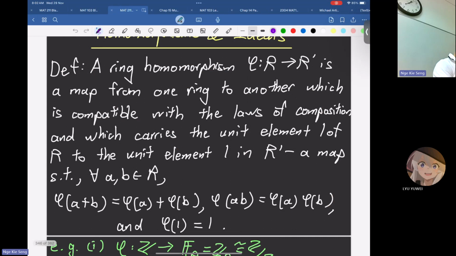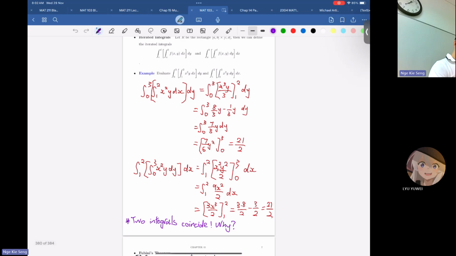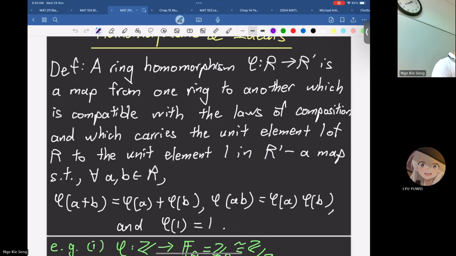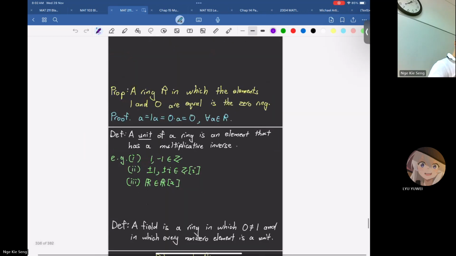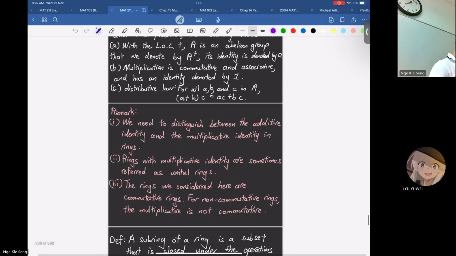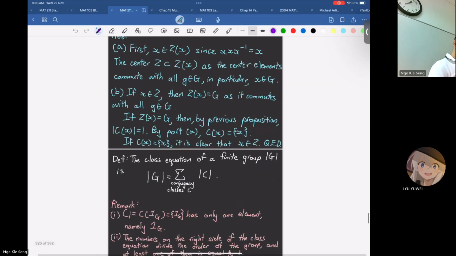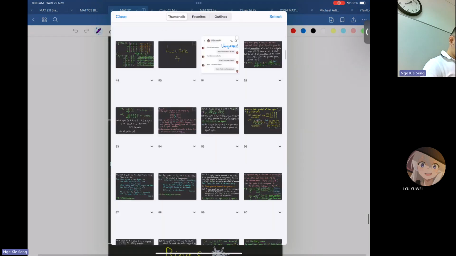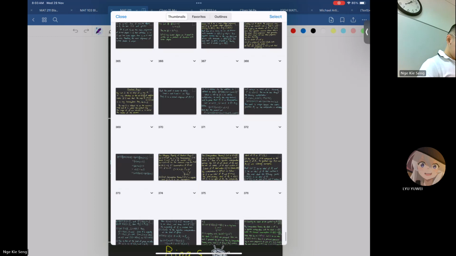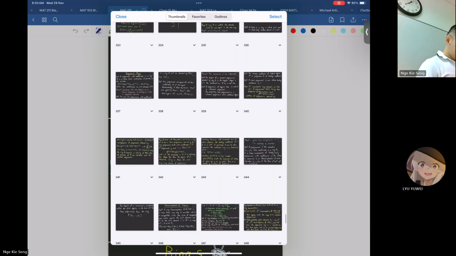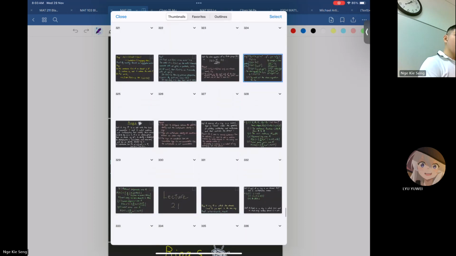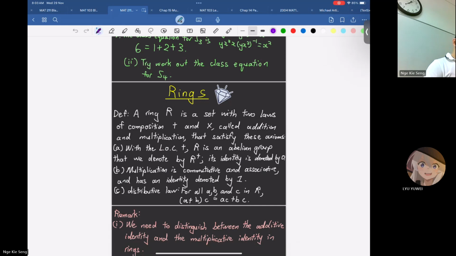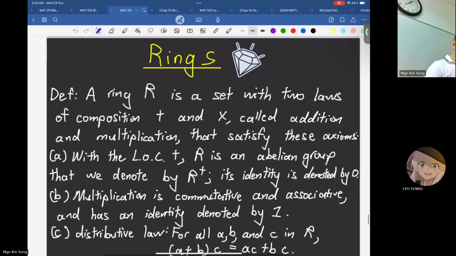Let's go through the definition of rings again. So what are rings?